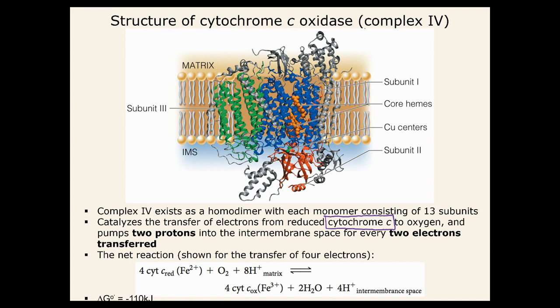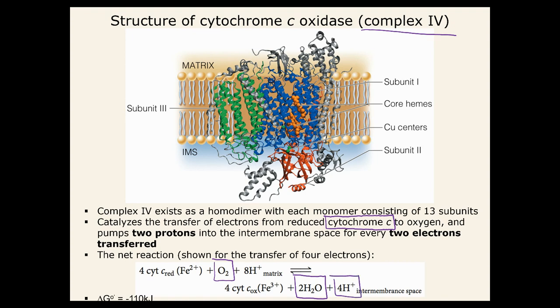comes now to complex 4, and the ultimate goal in complex 4 is that the cytochrome that's reduced goes through a series of electron transfers and ultimately will reduce the oxygen we breathe to water.